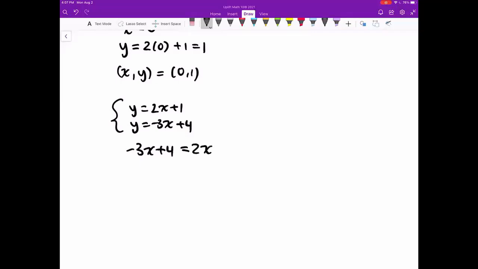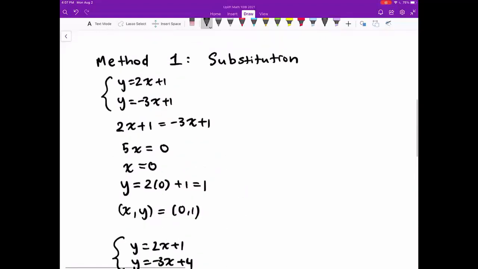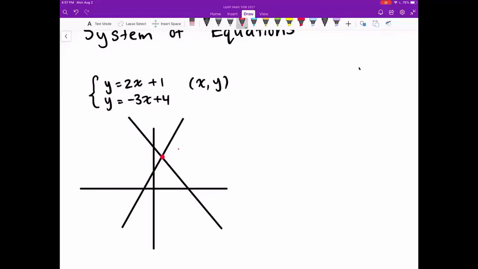You can make them equal to each other and solve for x. 5x equals 3, so x is 3 over 5, and y is 2 times 3 over 5 plus 1. You could also do negative 3 times 3 over 5 plus 4. Both of them will work. So the point right here would be 3 over 5, comma 11 over 5.